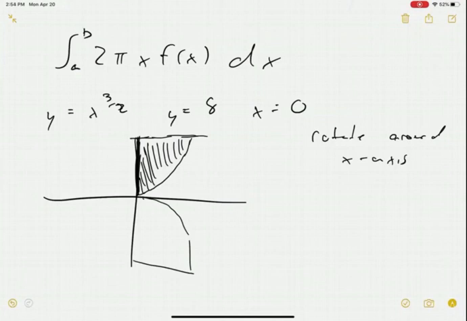So we get this, and our cross sections should be these washers.